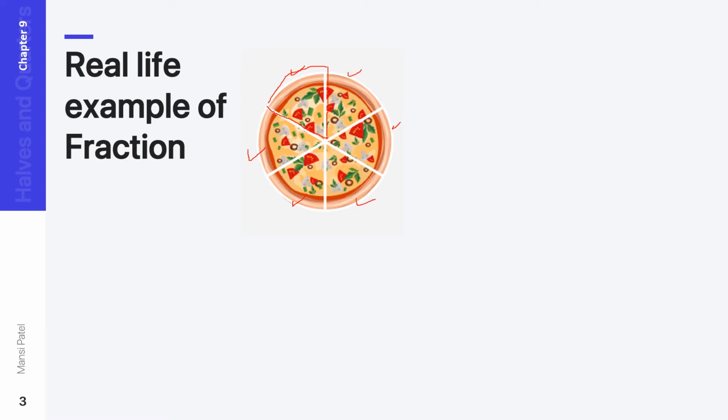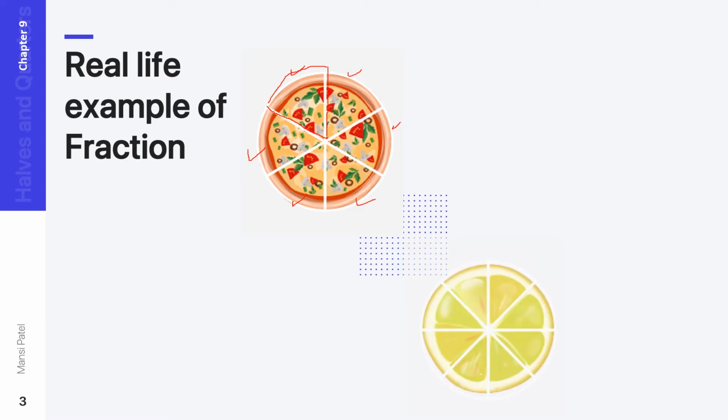But one condition is that all parts should be the same. If all the parts are the same, then that is known as a fraction. So a real example of a fraction that we use in our present life is the pizza.